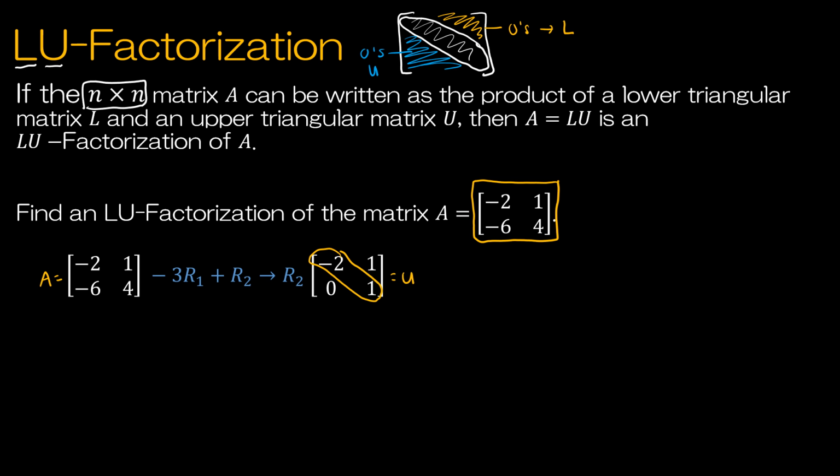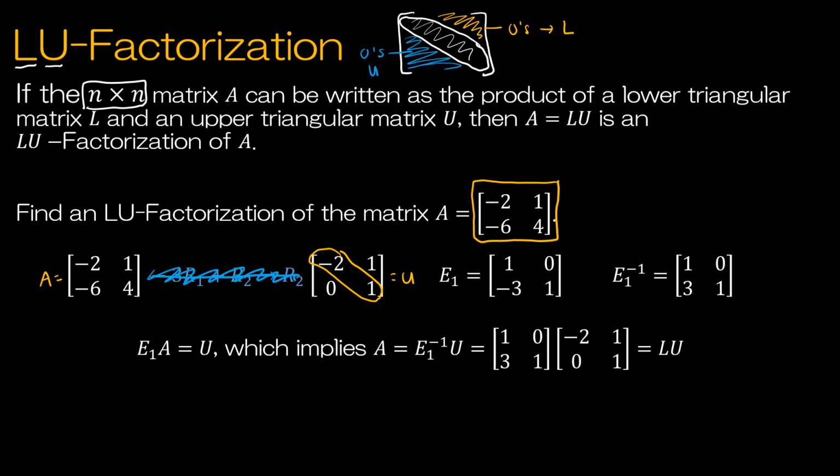Now what do I have to do here? I don't want to deal with row operations anymore. I want to deal with elementary matrices. So this is the matrix that I used, and I want to use the inverse of that. Why do I want to use the inverse? Because in order to find U, I took E1 times A, because the E came first, and that gives my result, which is U. That means A is equal to the inverse multiplied on the left-hand side.